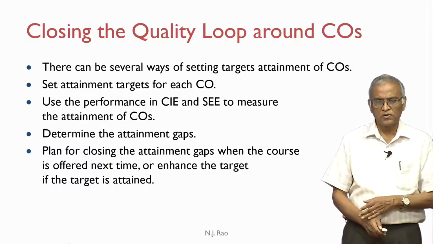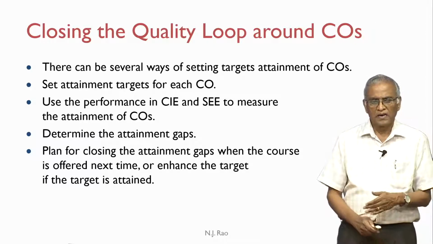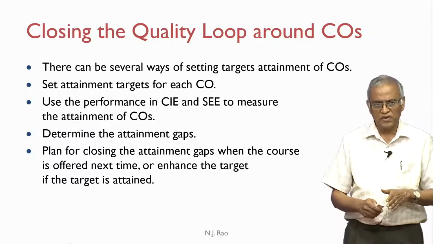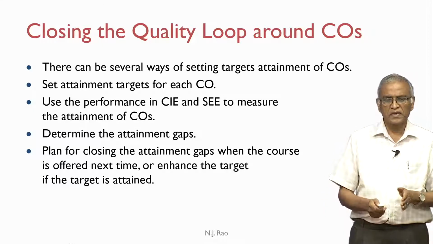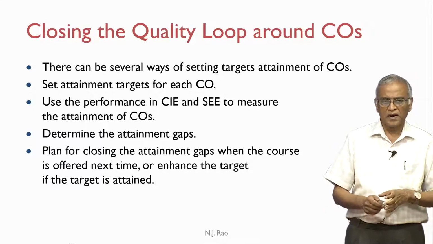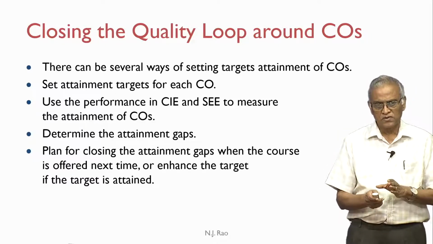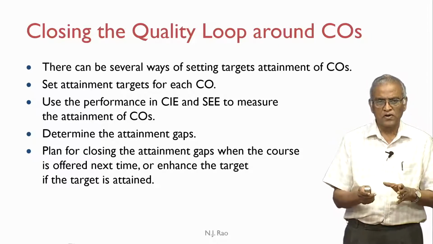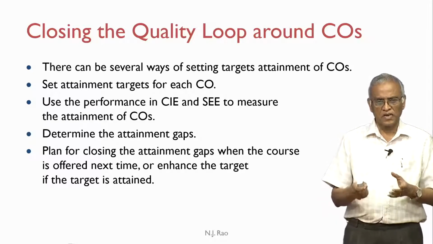We have shown you how to go about doing it, and this process is not unique. How you actually set the targets and how you relate the performance of the student to the attainment of CO are all decided at the institution level.